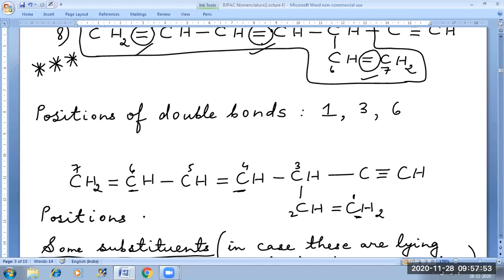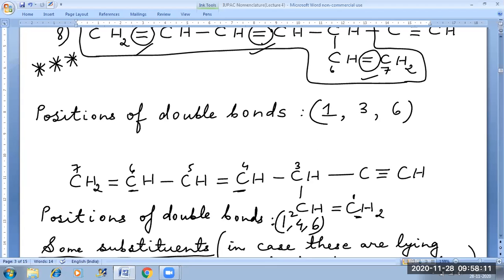Properly write the positions of double bonds. Both the ways right now, and then I'll go ahead.